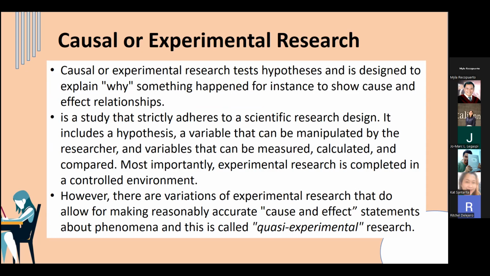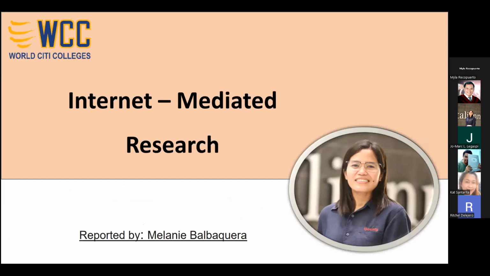So most importantly, experimental research is completed in a controlled environment. And then there are variations of experimental research, which is the one I mentioned earlier, the quasi-experimental for the semi and or partial experiment.